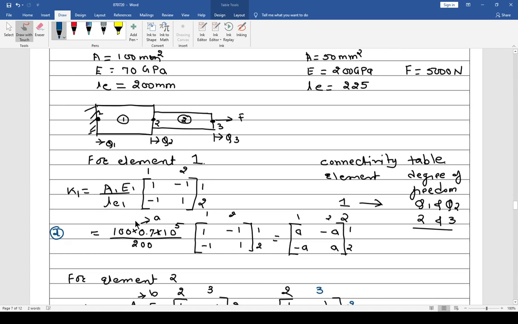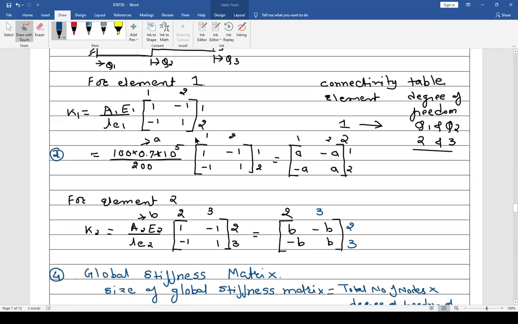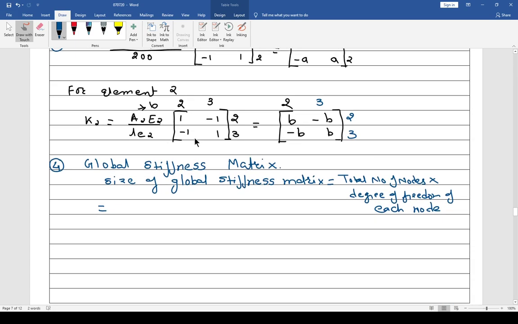I can count it, 1 2 3. So 1 2 3 are the 3 nodes available, and the degree of freedom of each node is 1, as we are solving only a one dimensional problem. So my global stiffness matrix will be of size 3.